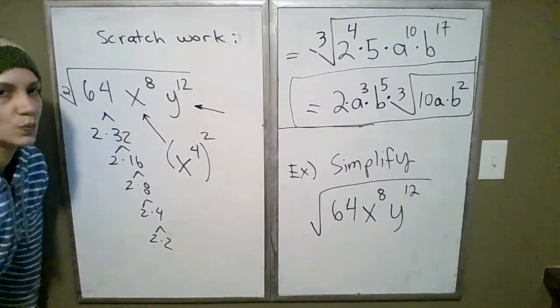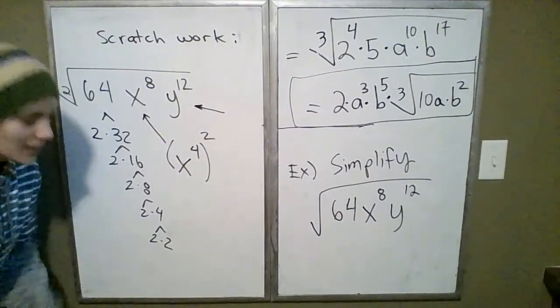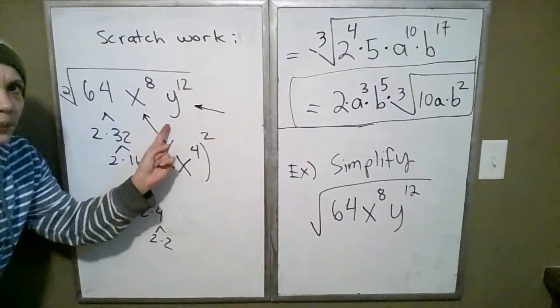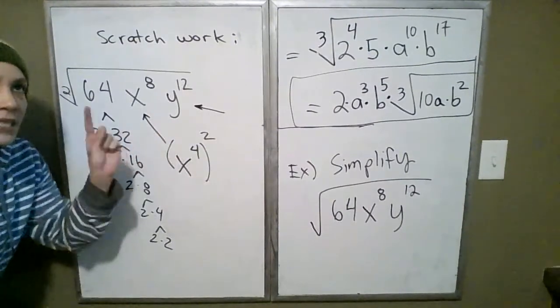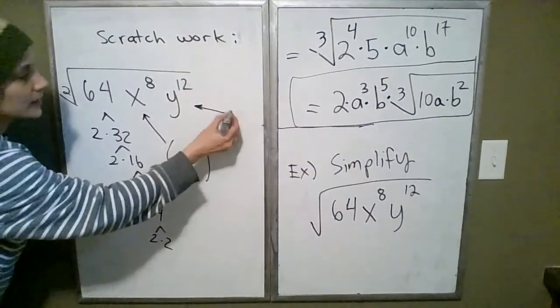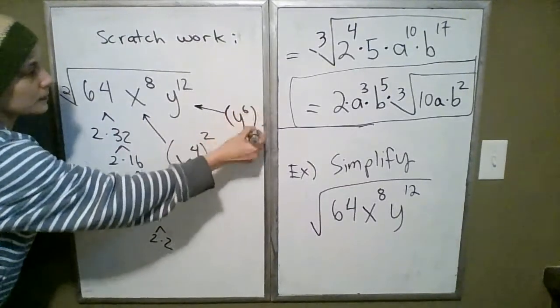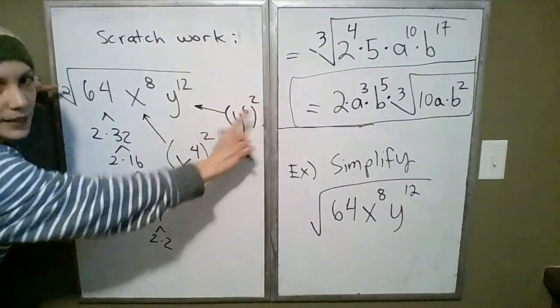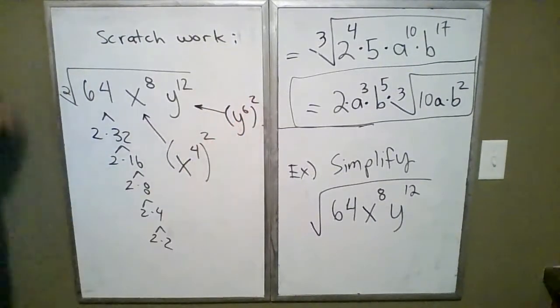Oh, this one worked out really well. So we're not going to have any leftover parts. I can take the y to the 12th and make it y to the 6th squared to get the power and the root matching, and then the y to the 6th will be left.